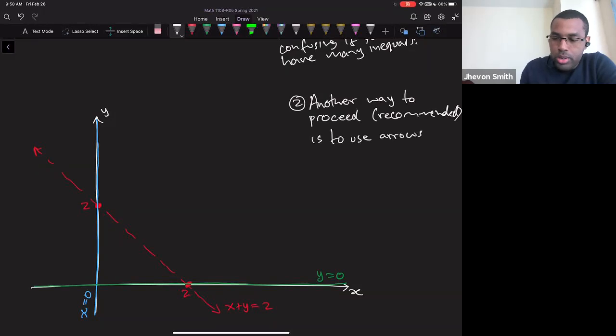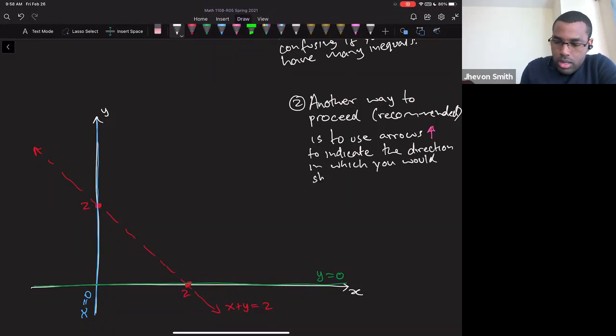That is typically what people use. In this case, I will make them pink arrows to indicate the direction in which you would shade. But you don't shade anything but the feasible region in the end.